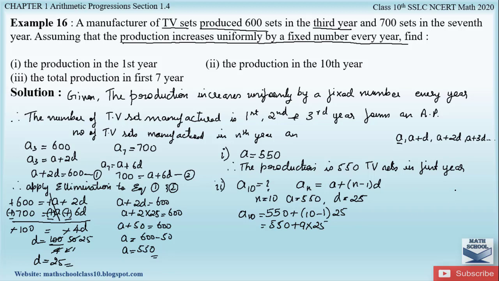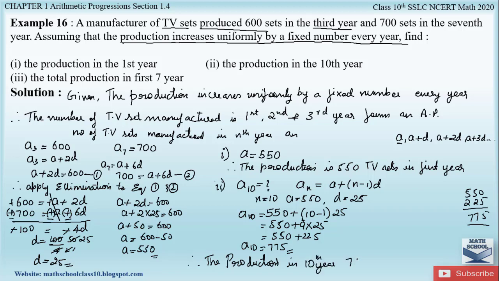What is 9 into 25? 9 5s are 45, 9 2s are 18, plus 4 is 22, so 225. 550 plus 225, 5 plus 2 is 7, again 5 plus 2 is 7. Therefore A10, or the production in the 10th year, is 775.